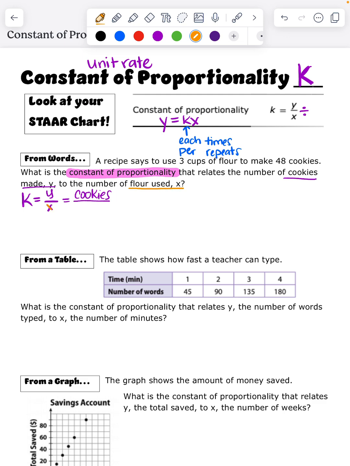So X is going to be flour. And so now that I have my word fraction, I can plug in my numbers. So I know that cookies was 48. And I know flour was 3. And this is called an improper fraction. We know that. And so we know we cannot leave it improper.